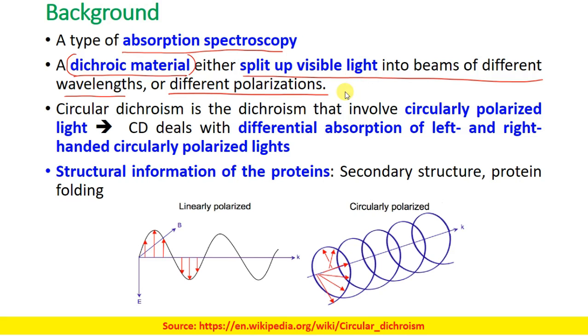So circular dichroism means it will rotate the light and split up the beam accordingly. So in circular dichroism, we use this property that the visible light is being split up into different polarizations. Okay. Now, what is a polarizer?